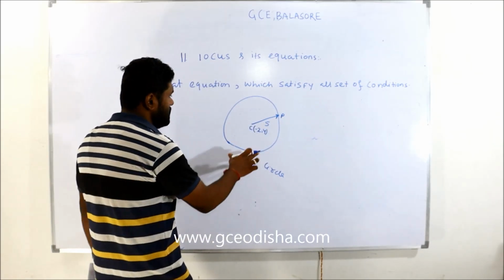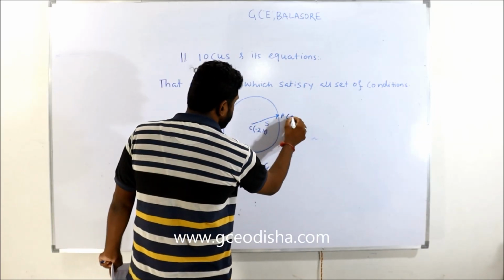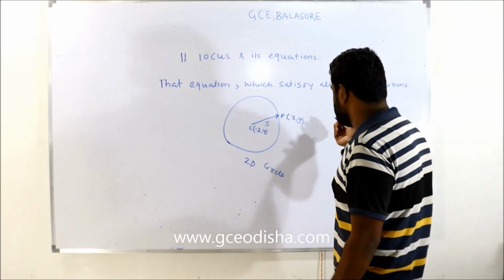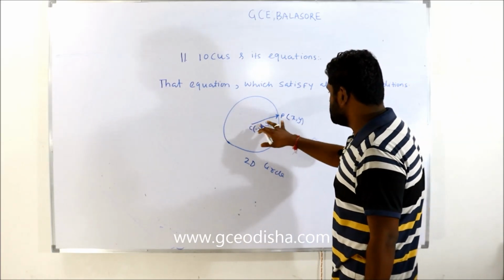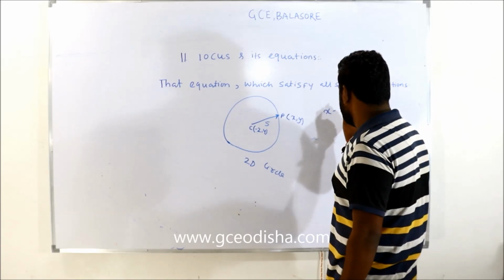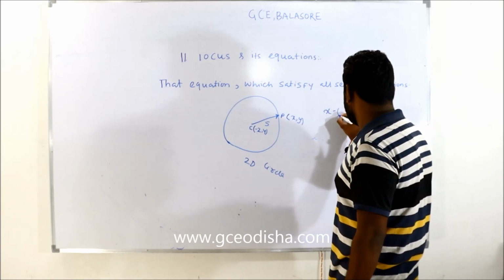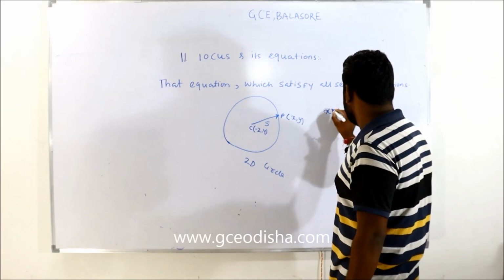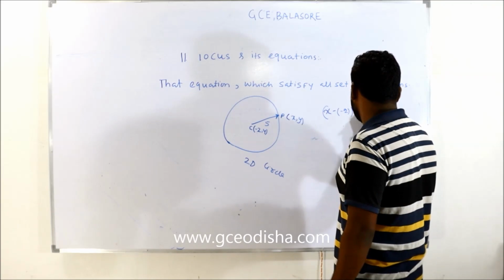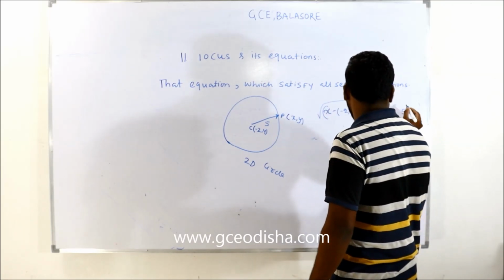Then what is the equation? Let the point P be (x, y). Then what is the equation of this circle? Square root of (x minus 2) square plus (y minus 4) square is equal to 5.